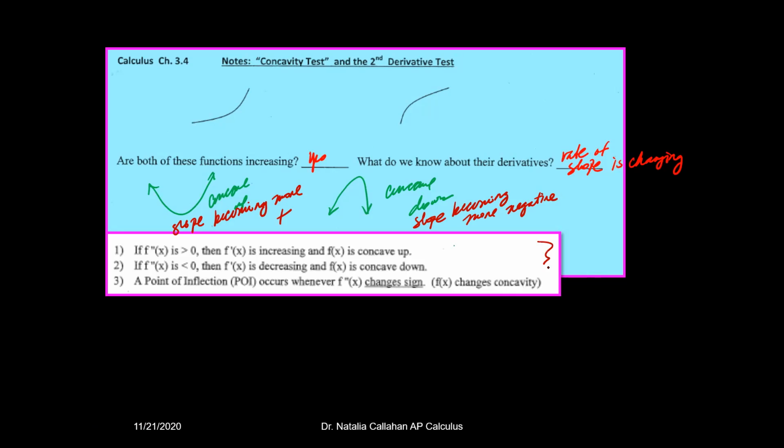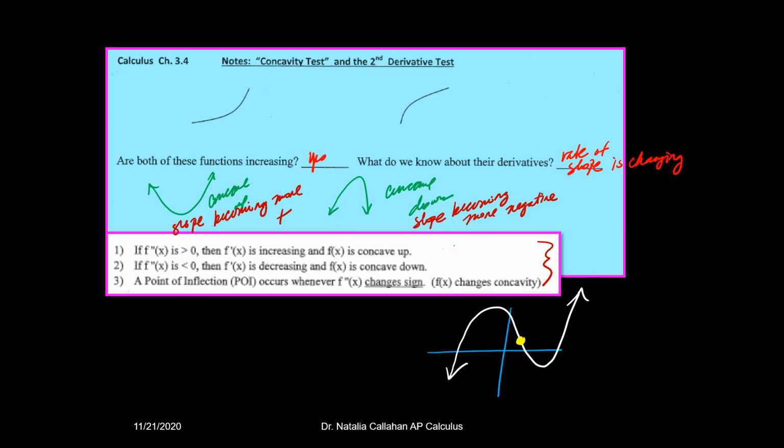Go ahead and read this part right here. Now, a point of inflection is, if this is my diagram and I have something that looks like this, the point of inflection is going to be right here.